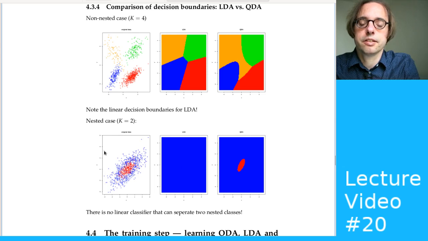So it thinks that it's only one group. Whereas when you do QDA, it does find the two groups, at least to some extent. So having more parameters sometimes is a problem because you need to estimate them, but having more parameters often is also helpful because you can actually address the data at hand.